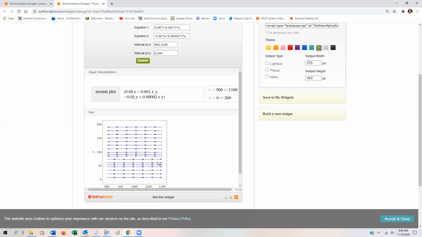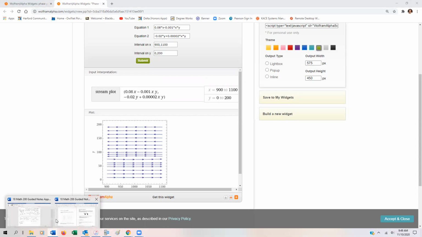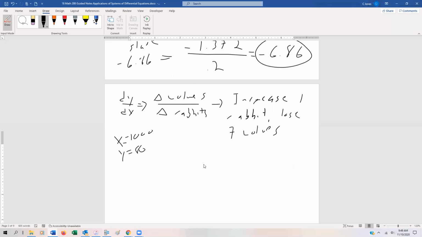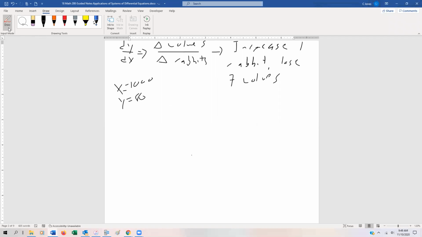It's almost like it's circling around there. Now this is a pretty rudimentary phase plane plotter, and it helps you get a gist of what's going on. But it's not a really good one like MATLAB or Mathematica would plot. So I did plot one in Mathematica that I'm going to share with you just to show you what it looks like, if you were to be able to program it.